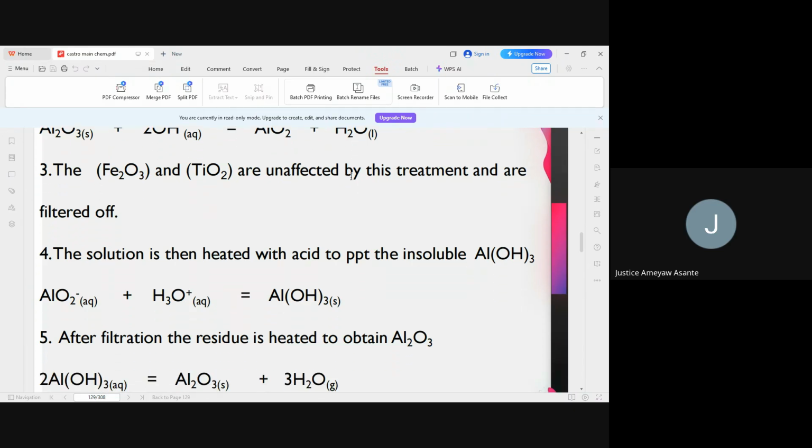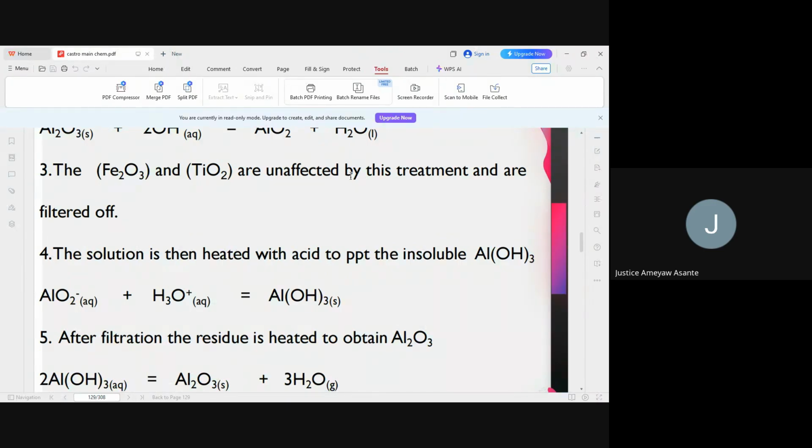So we've crushed our rock, and we've now dissolved it in sodium hydroxide. So we are now going to get some of the compounds to be in solution. What compounds are going to be in solution? The silica will form silicates, aqueous, and aluminum oxide will convert to aluminate. Then the iron oxide and titanium oxide will not dissolve, so they will remain as solids in this solution.